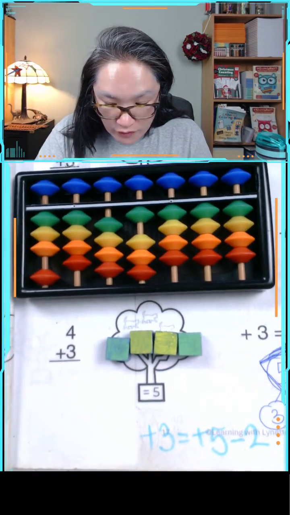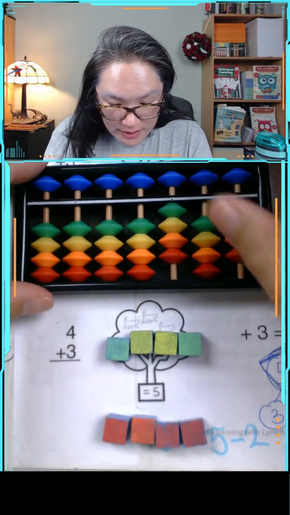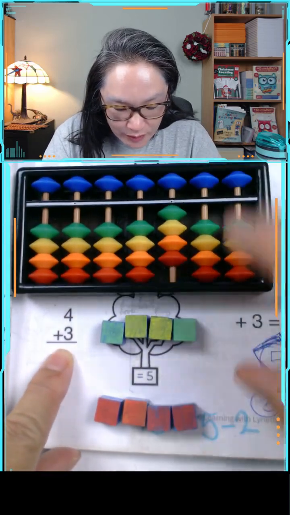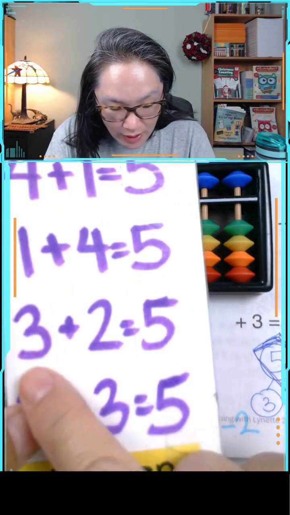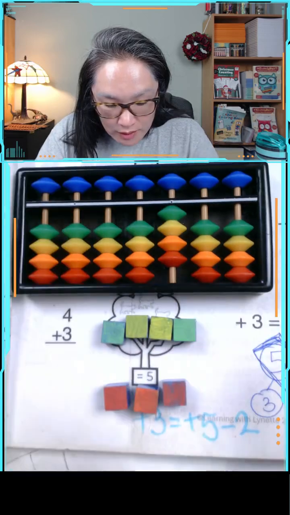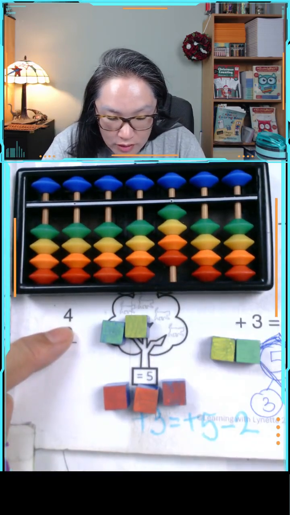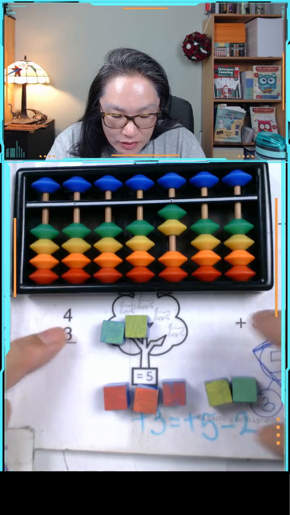So here we do 4 and 3, right? We have 4 on the abacus. I want to add the 3. To add the 3, what do we do? Well, I know I want to round 3 up to 5, so I need 2. You got to take 2 away from the 4, and then you add it to the 3.